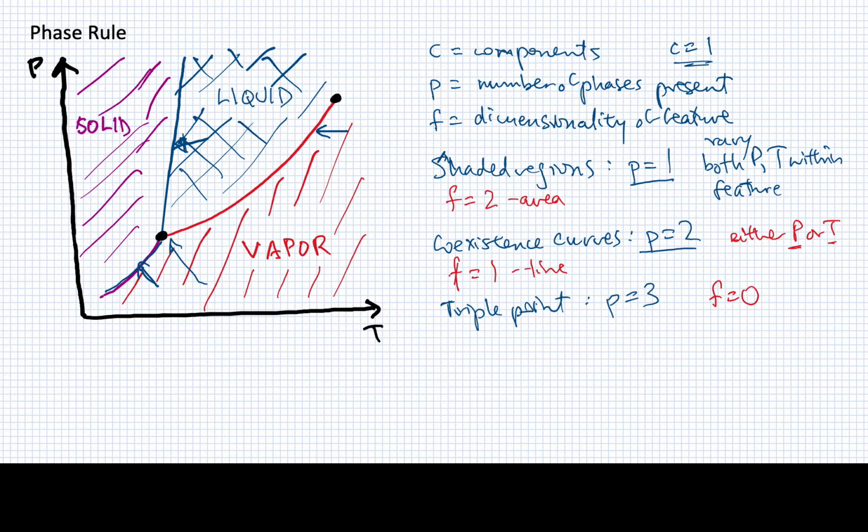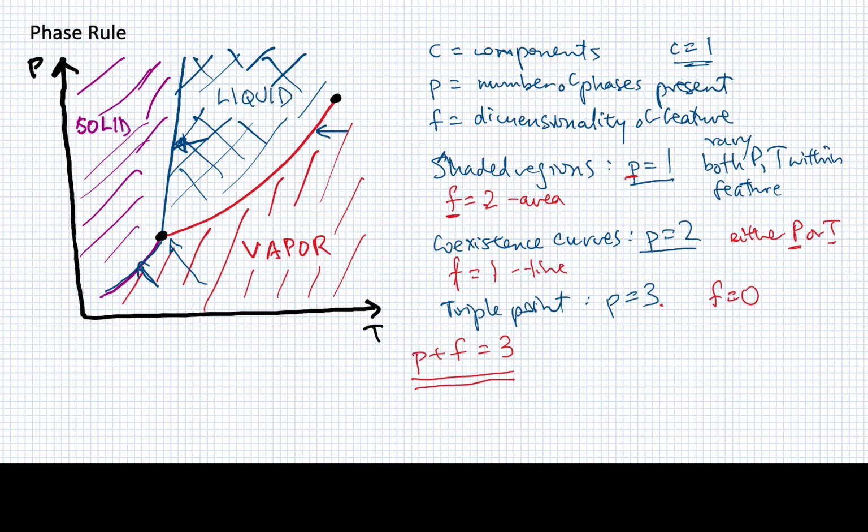So when I look at all of this, what I would find is that, in fact, if I add the number of phases to the dimensionality, I will always have P plus F is equal to 3. Look, 1 plus 2 is 3, 2 plus 1 is 3, 0 plus 3 is 3. So this, in fact, is the relationship that I'll find between these things.